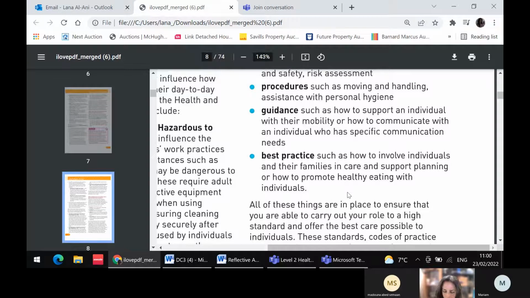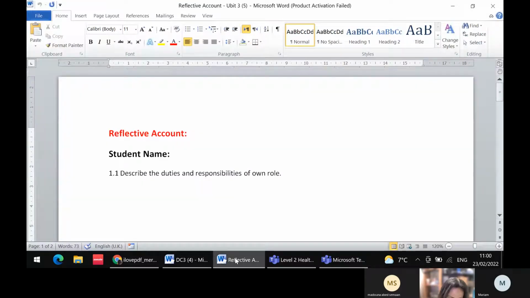So best practice means it's all about providing excellent care and support, how to involve the person or his family in his care, and also provide healthy eating for the individual. So this is all for question 1.2.